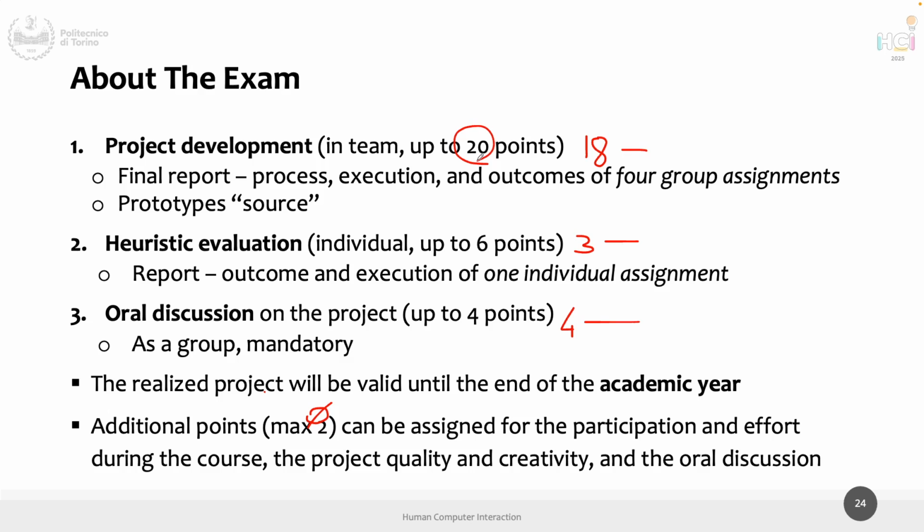If instead it's 2 points because you forgot to put the results in the heuristic evaluation, that's easy to fix, because you just need to write the results in the heuristic evaluation. Let's imagine you forgot to write an entire section, but hopefully you have the results. So if you write the section, it's easier to get back these 2 points.